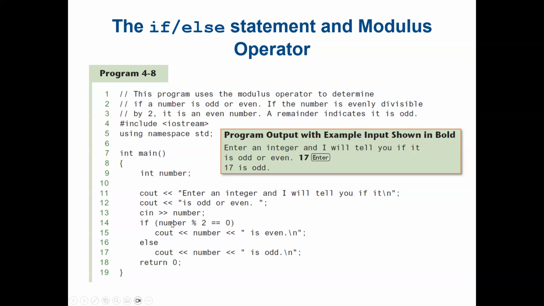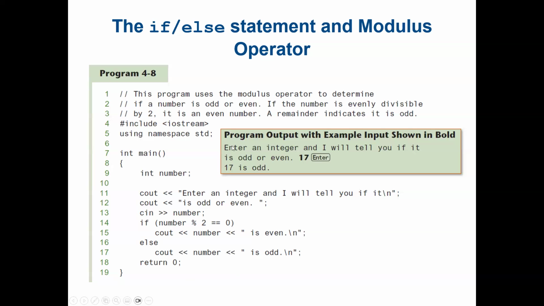So we test it: if number modulus 2 equal to 0, then cout the number is even. Else the number is odd, if the remainder is not 0. So that's what we are learning here. We are using if-else. If the condition is true, number is even will execute. If the condition is false, number is odd will execute.